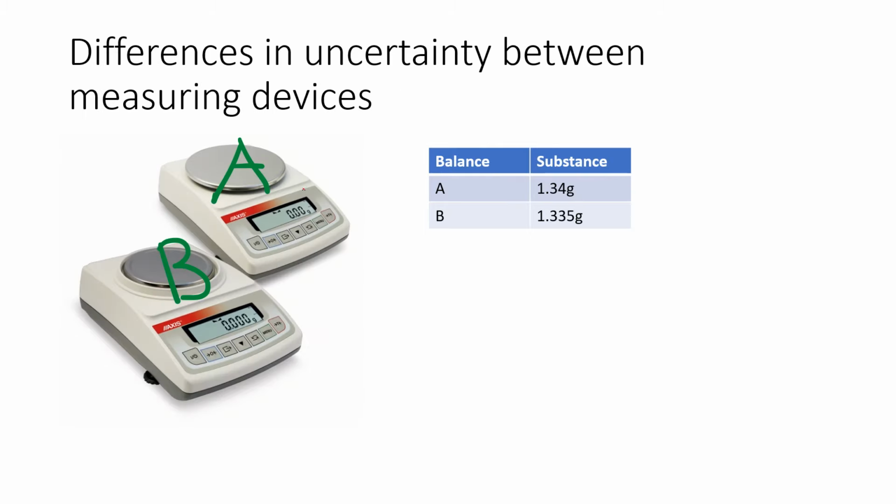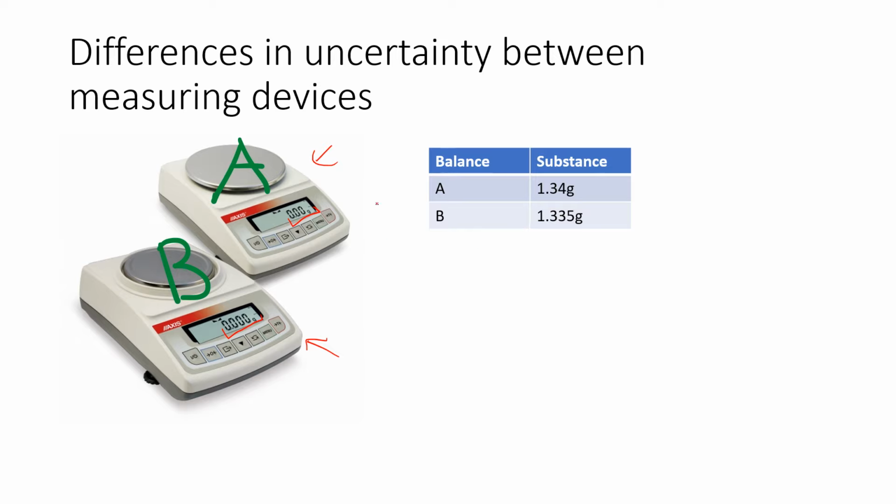I'll show you another example where you can have differences in uncertainty between measuring devices. Let's say we have a scale A and a scale B. Now if you look at the measurements of these scales, one goes to 2 decimal places, and the other, I'll call this balance A and balance B. Balance A goes to 2 decimal places, balance B goes to 3 decimal places.